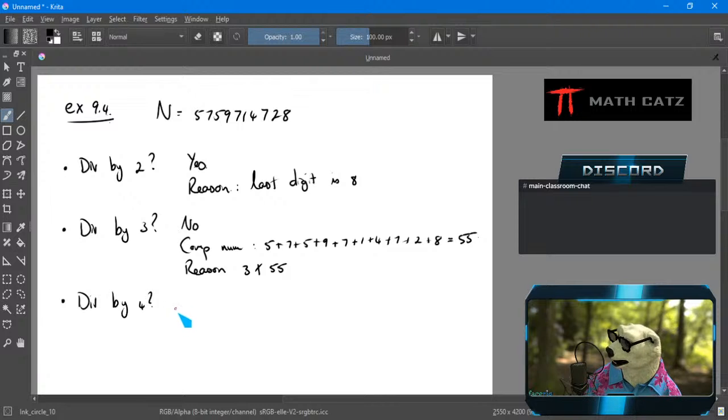Divisible by 4, well, my comparison number is the number formed by the last 2 digits: 28. And 4 divides into 28. So, yes, the whole original long number will be divisible by 4 as well.